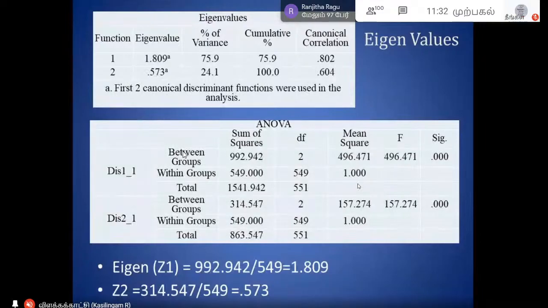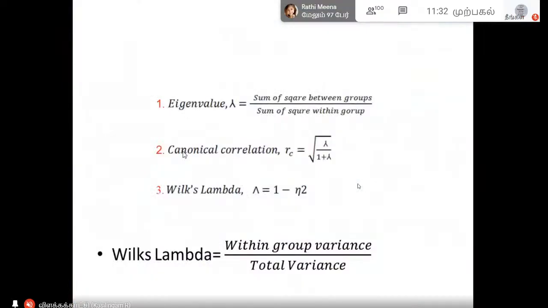Very good. So now we have one more, called Wilks lambda. What is Wilks lambda? 1 minus eta square, otherwise 1 minus canonical correlation square. One person said it is like that. But if you think further, Wilks lambda is within-group difference divided by total variance.